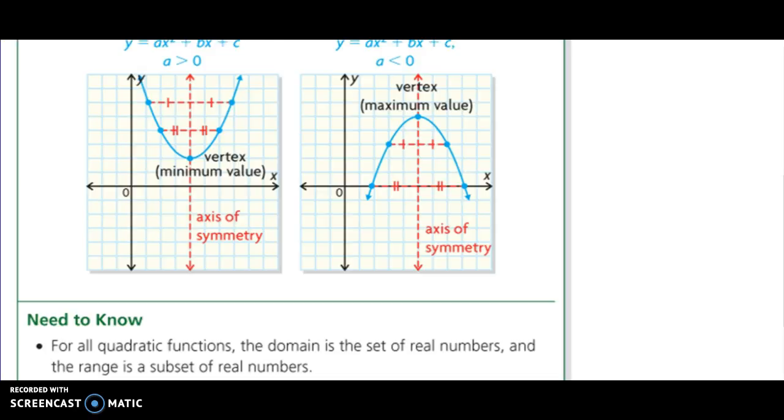So for a parabola, the domain is usually written as all real numbers, x ∈ R. And for your range, it would be y ∈ R.